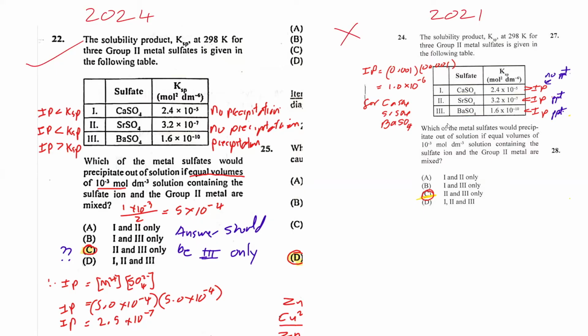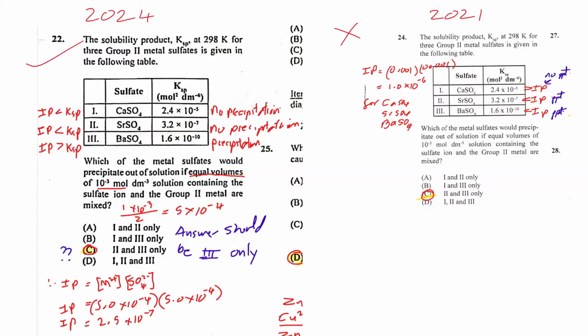If you read the question carefully, you'll see that you're looking at group 2 metals and you're given the KSP for calcium sulfate, strontium sulfate, and barium sulfate. You should know that the sulfates decrease in solubility. The ones at the top of the group are more soluble, and as you go down the group, it becomes more insoluble.